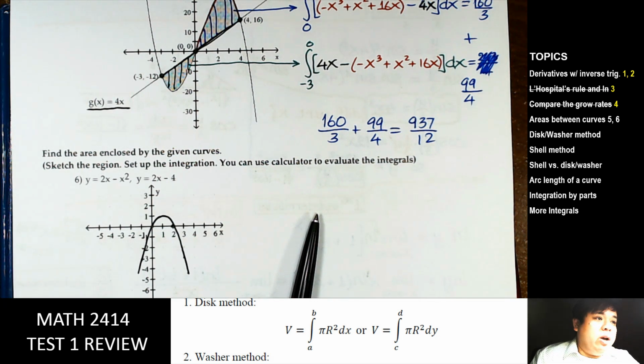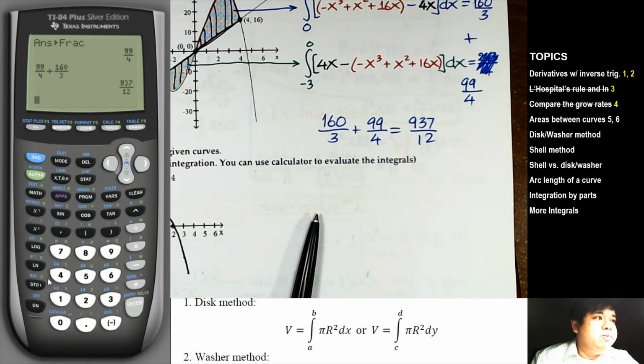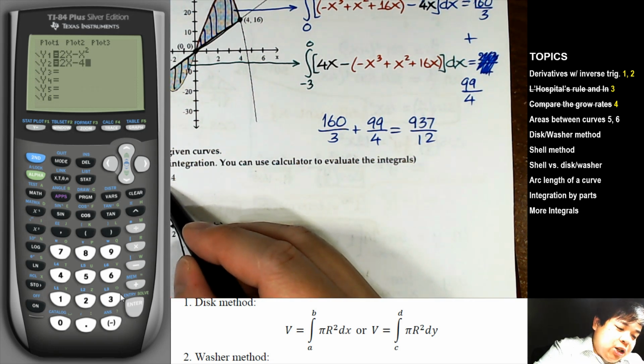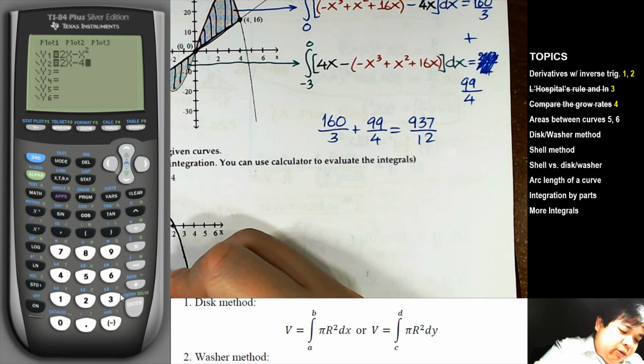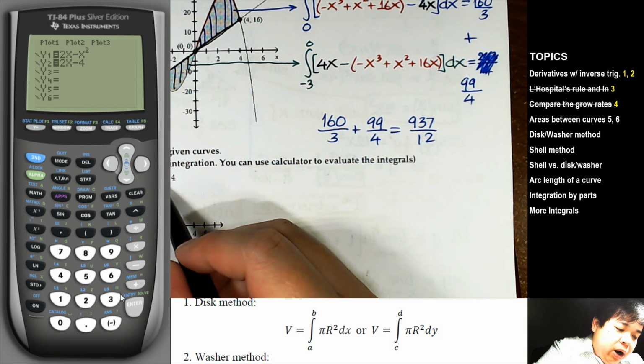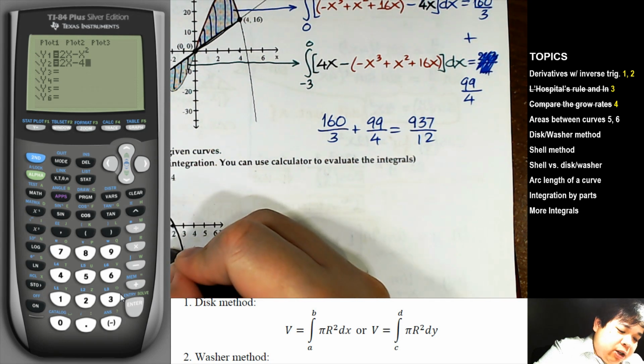We can use the calculator to check the graph as well. Y equal to 2x minus x squared, and then the other one 2x minus 4. Right, 2x minus 4, when x equal to 0, y equal to negative 4, and when x equal to 1, y equal to negative 2.